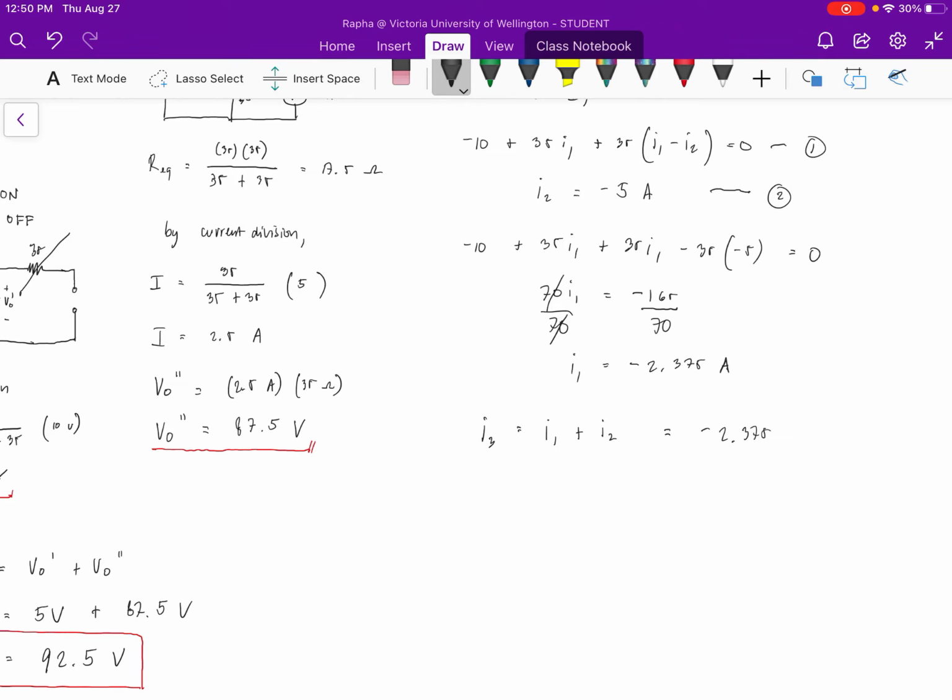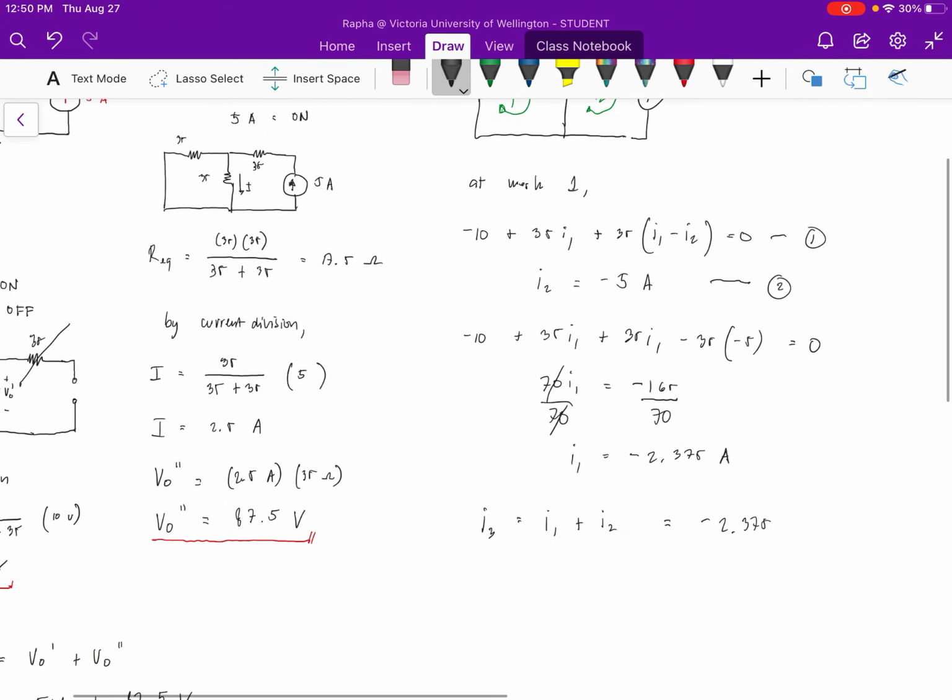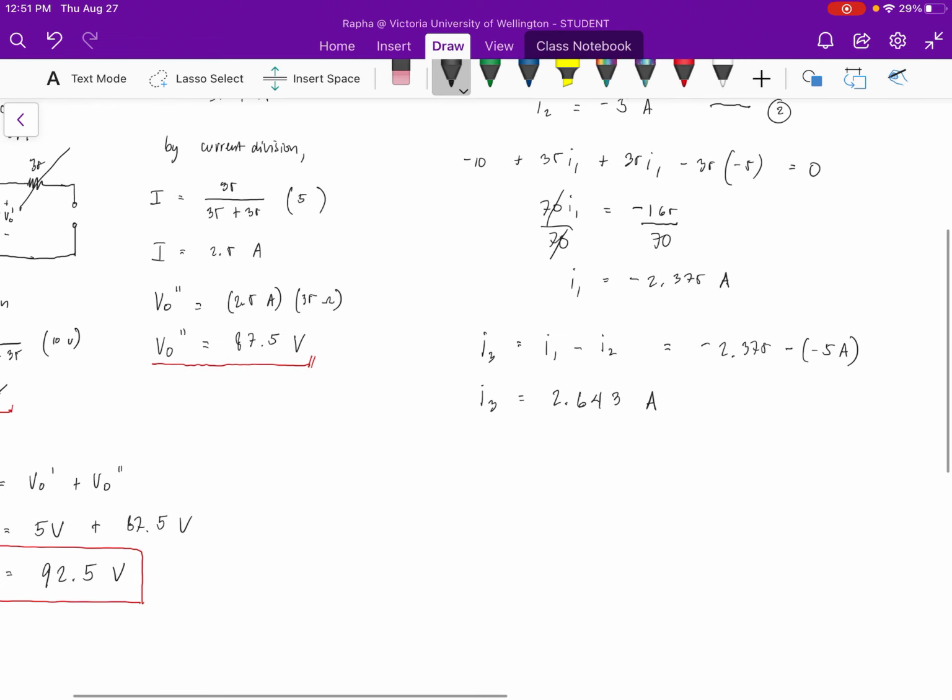No, this should be I1 minus I2. Negative 2.375 minus negative 5 amperes. So our I3 then is equal to 2.643 amperes, and that is the current across the middle branch.